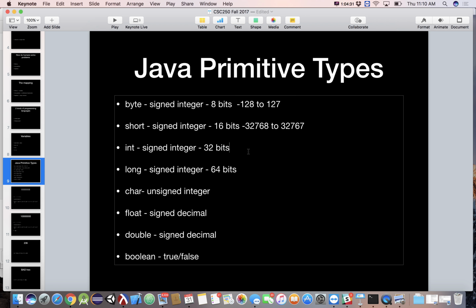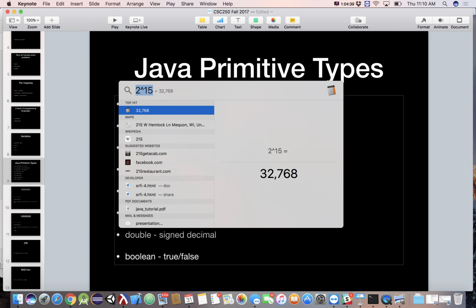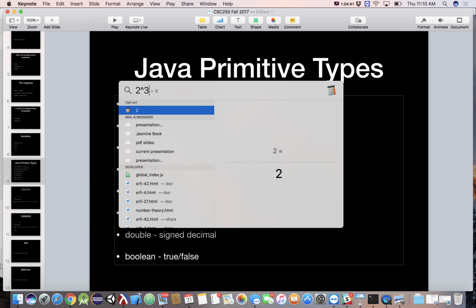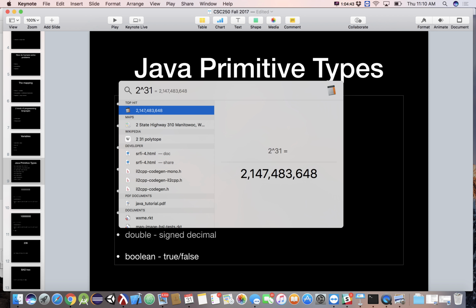This is negative 2 billion to positive 2 billion. So that's 2 to the 31st power. So there's your 2,147,483,648, that's a negative, to 2,147,483,647.